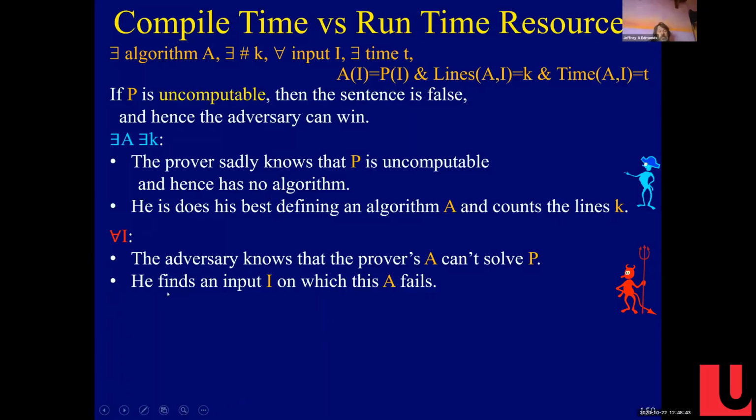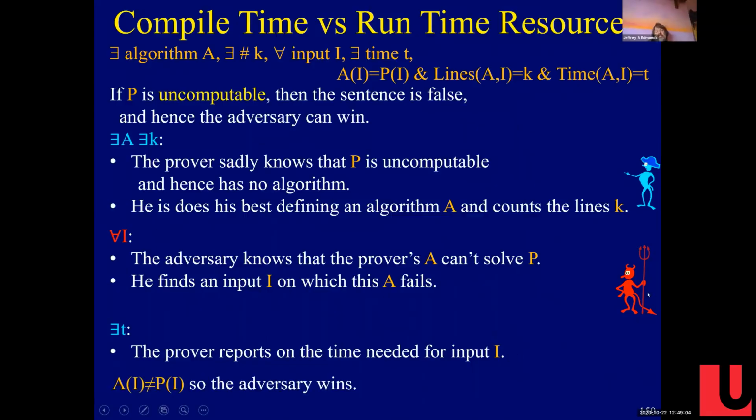So he finds some input on which the algorithm fails. Then the prover comes back and says how much time is needed for this algorithm on this input, assuming the algorithm stops on this input. And then the adversary wins, because the algorithm didn't give the right answer on that input. Everybody see how we're doing this? That's the game.